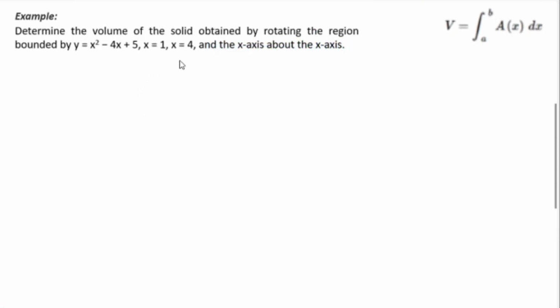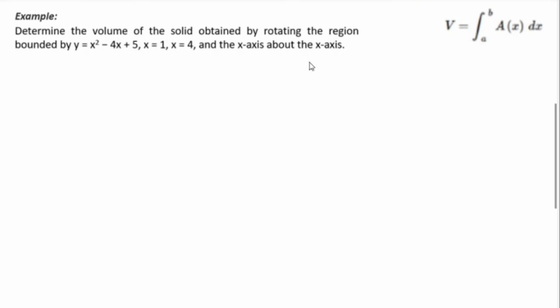Example: determine the volume of the solid obtained by rotating the region bounded by y equals x squared minus 4x plus 5, x equals 1, x equals 4, and the x-axis, about the x-axis.